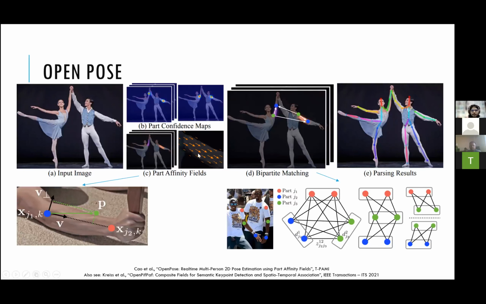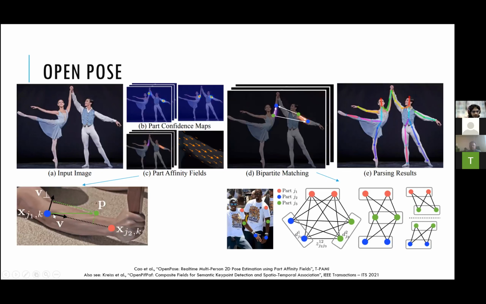So with part affinity fields, they basically try to find out how one part is related to another. And this is based on simple geometry: given that one of the key points is here, and the same person's key point x2 is maybe here, we will try to predict a field, a vector.